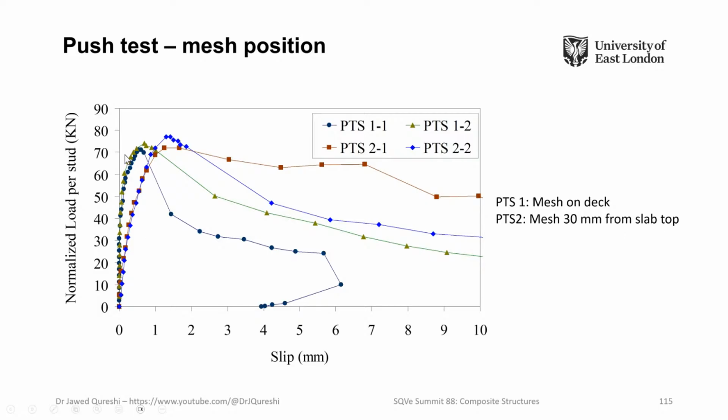And interestingly, you can see that there isn't much difference. There isn't much quantifiable difference between mesh at top or mesh directly on steel deck. The only difference is that when mesh seems to be closer to the head of the shear stud, then it gives better shear stud resistance.